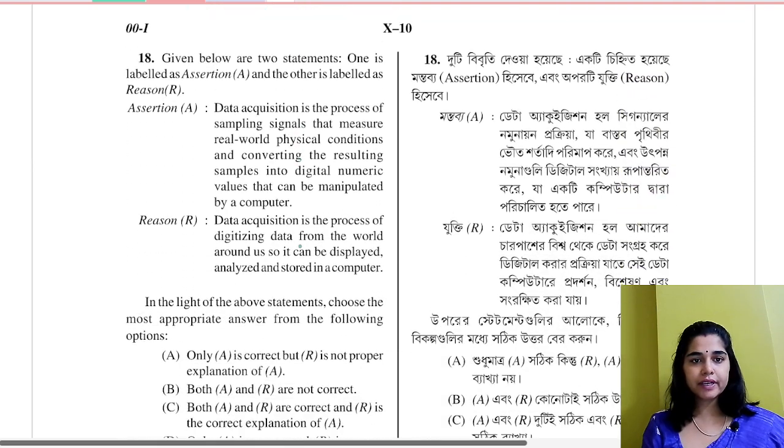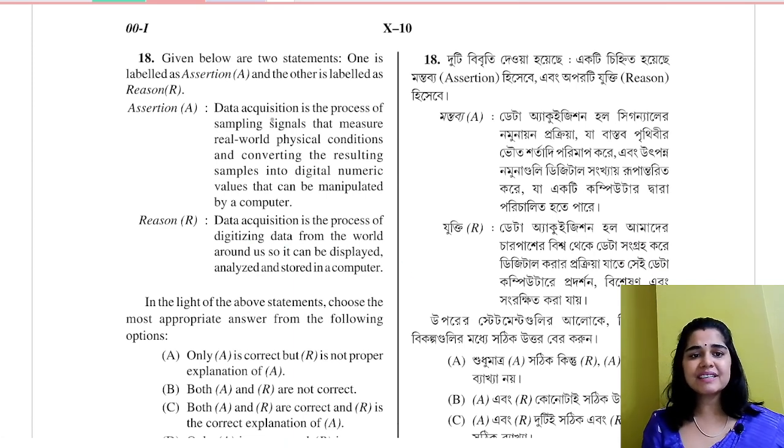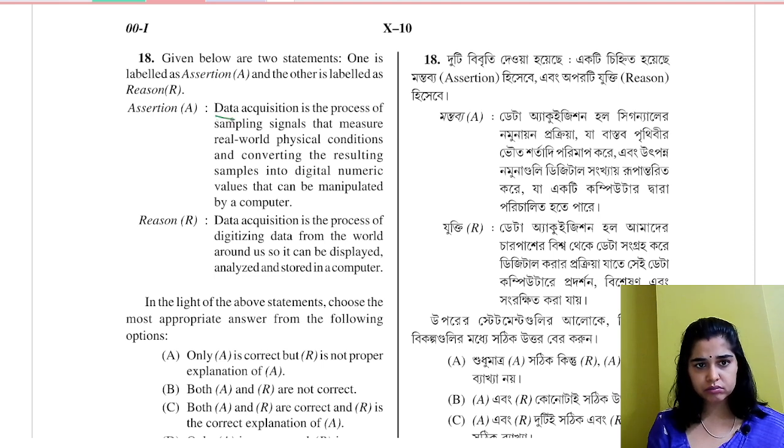So next, move to the next question, which is asking about data acquisition in the process of sampling. What is data acquisition?